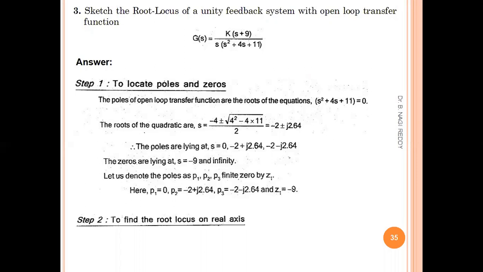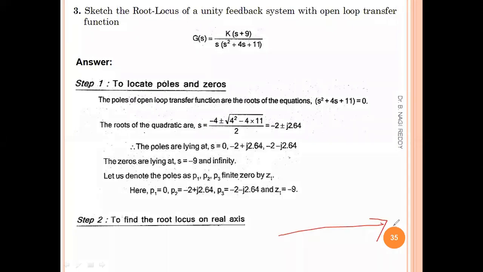Now we have completed our step 1. The second step is to sketch the root locus on the real axis. We have 3 poles and 1 zero, so place these poles and zeros on the s plane.